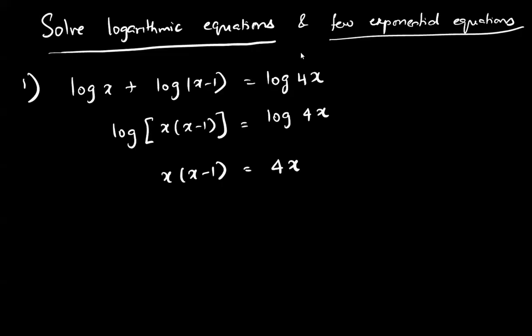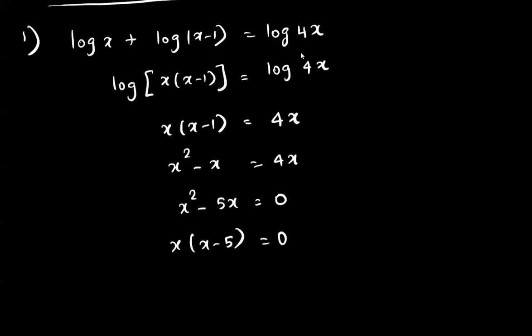You don't have to write the log again, because the only way this statement can be true is if x times x minus 1 is equal to 4x. So bring everything to the left, factor, solve. You get two solutions.